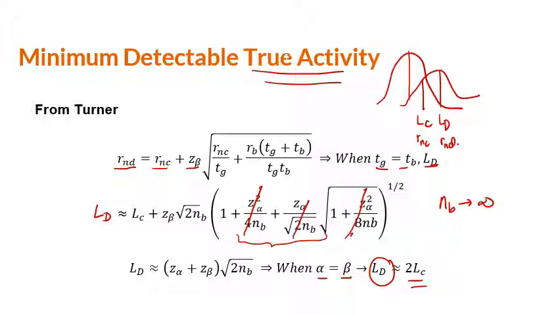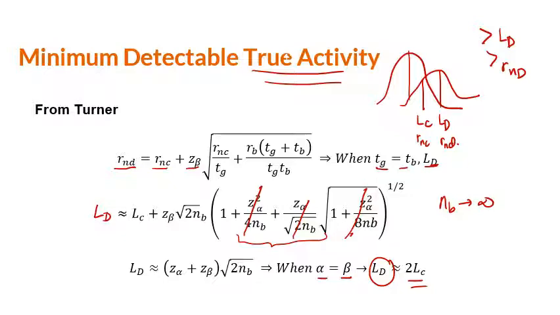So, madali ang buhay kapag yung ma-measure mo na radiation ay greater than LD. If it's greater than LD or greater than RND, sure ka na merong radiation. Okay? Sasabihin mo, yes, there is true activity.